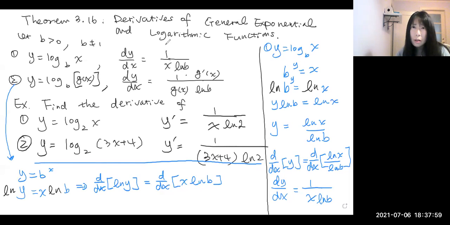Is it 1 over y? Okay, so 1 over y, then dy over dx, right? We're using the chain rule. Then for the derivative of the right side, x ln b, what do you get?